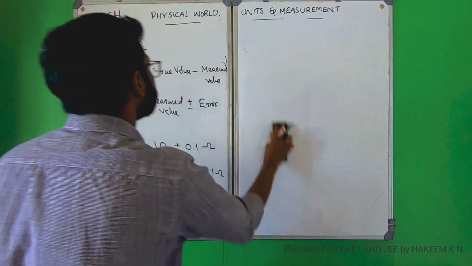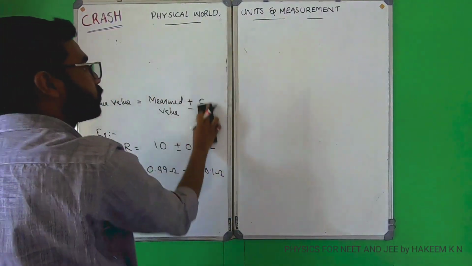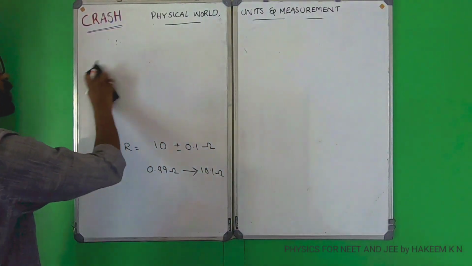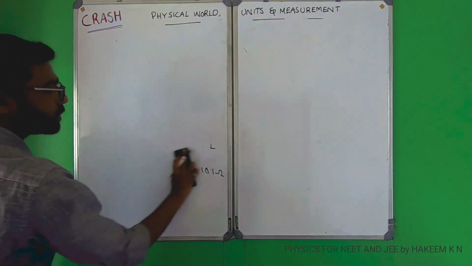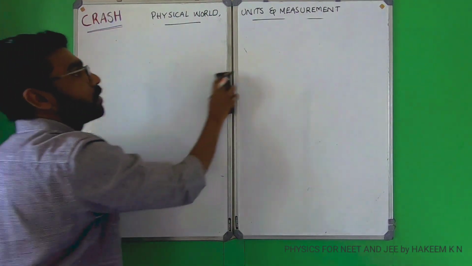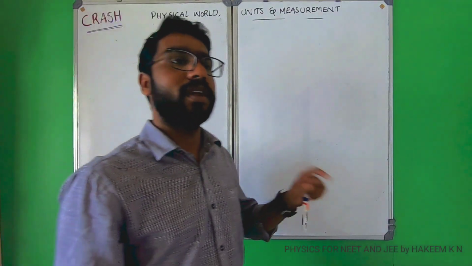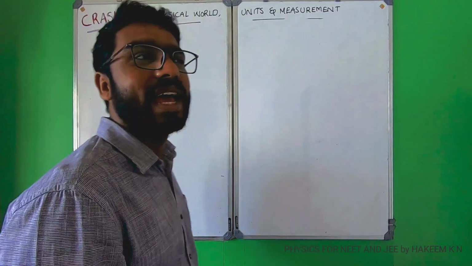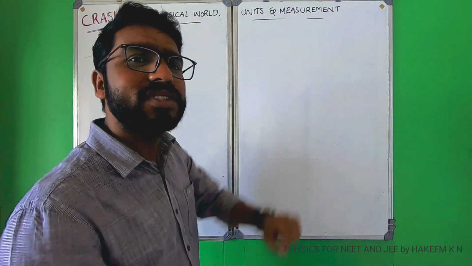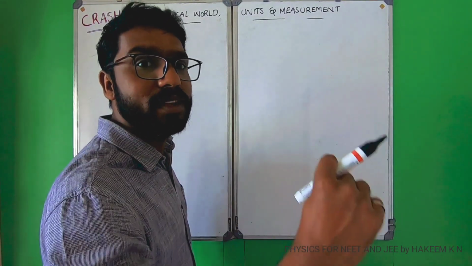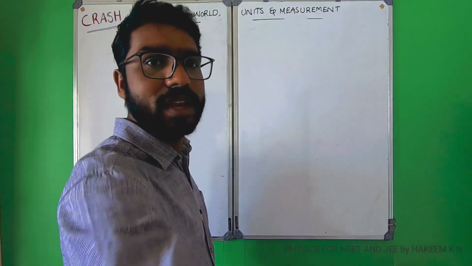Now, how to reduce errors in the measurement? We will take a large number of measurements. We will take a large number of observations and their average is taken as the mean value. Mean value is taken as the true value.